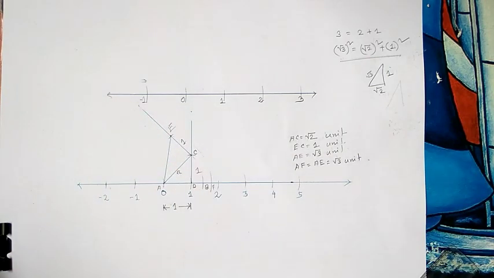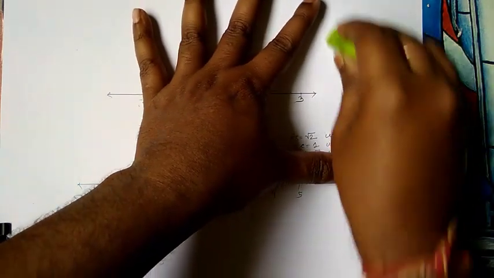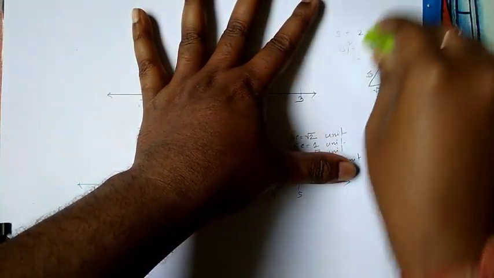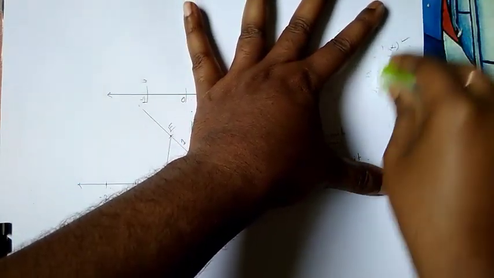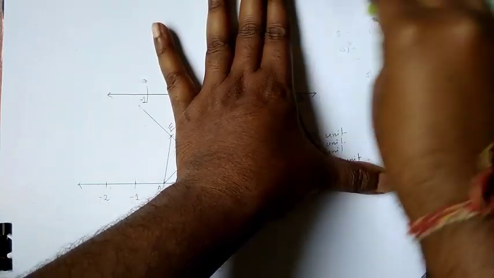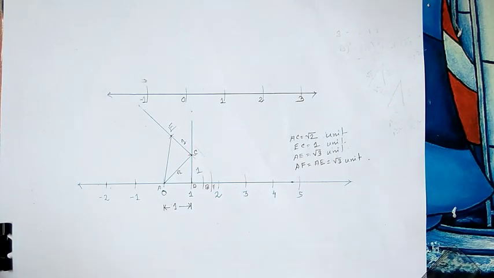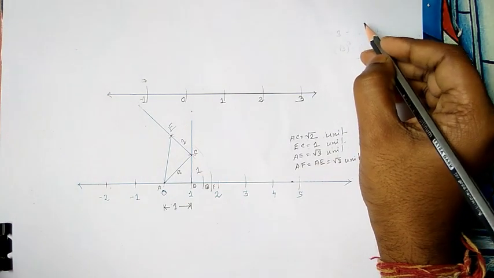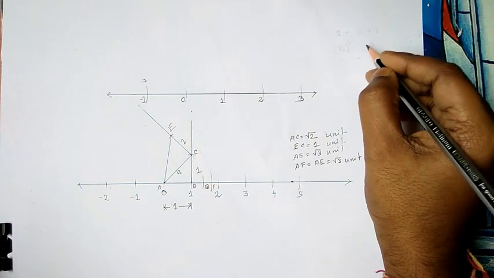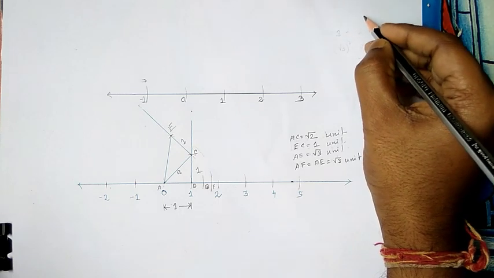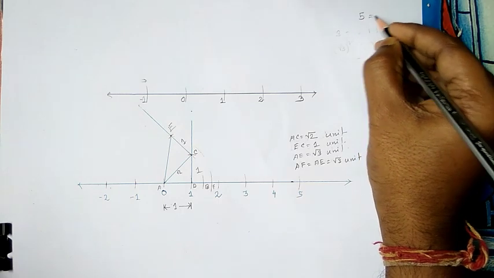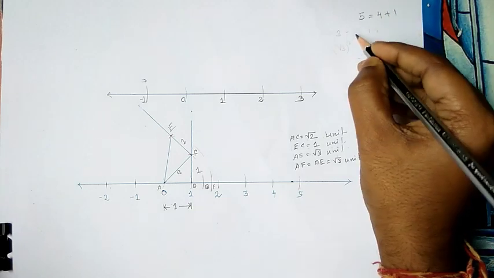See, for root 5, which value we need? The value is actually, 5 means what? 4 plus 1, no?